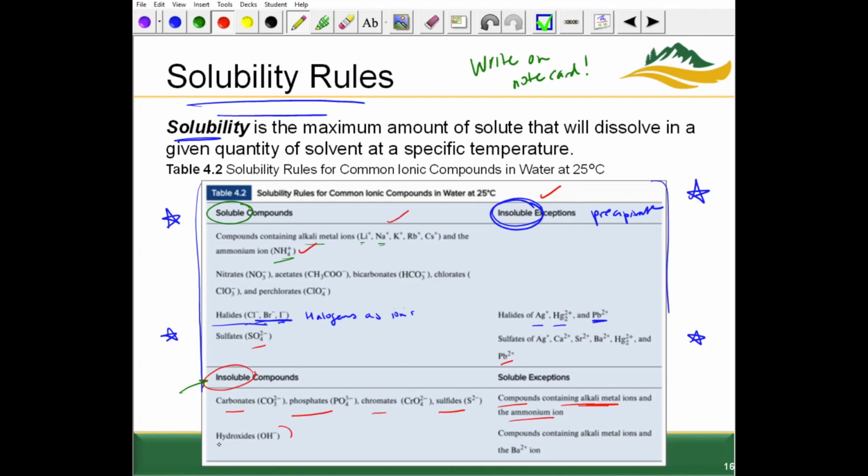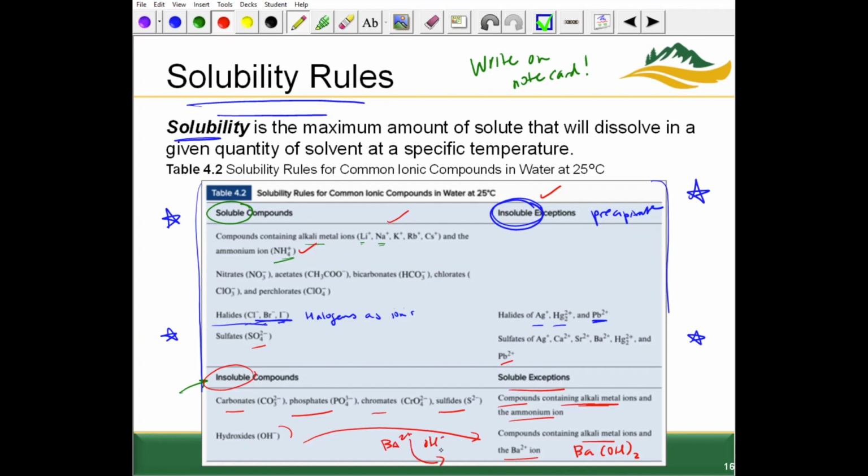Hydroxides are always insoluble except these soluble exceptions: all the hydroxides are insoluble except compounds containing alkali metals again or barium 2+. So the way to read this is barium 2+, meaning for the cross method, we have Ba2+ and OH-.